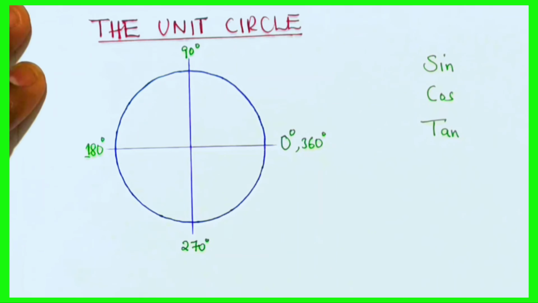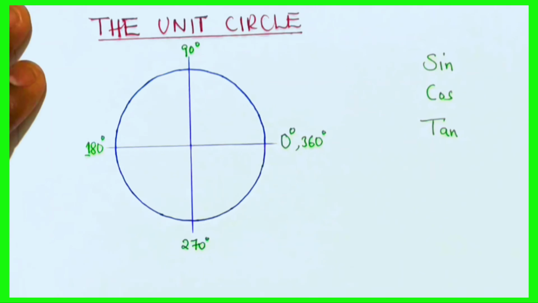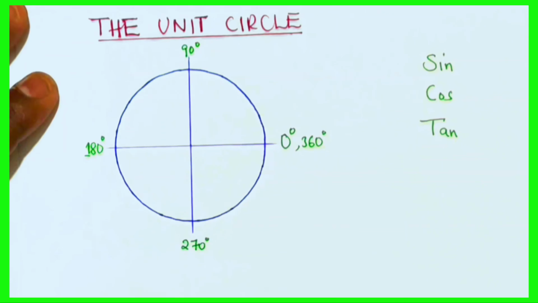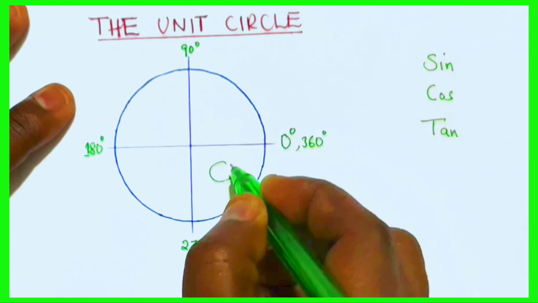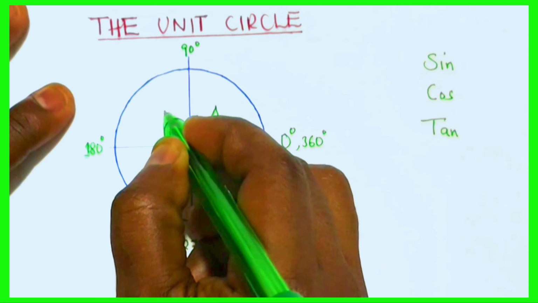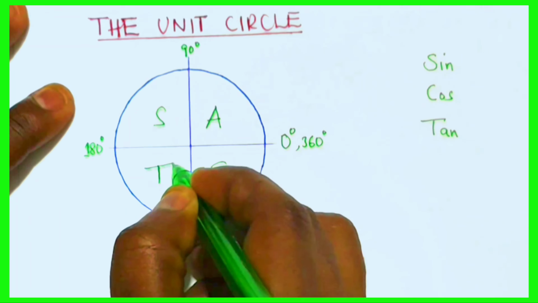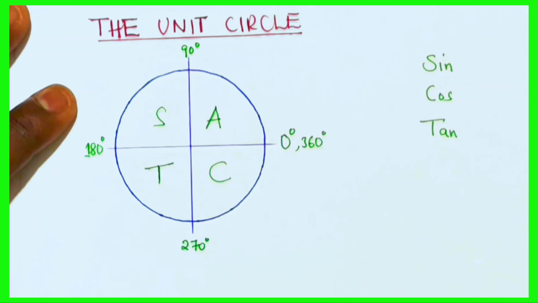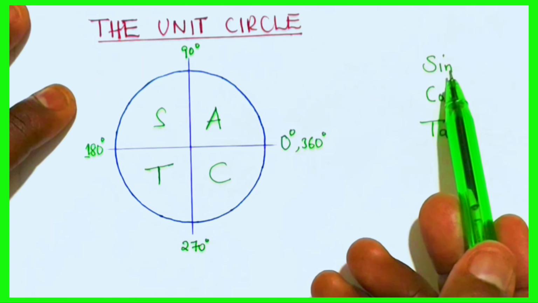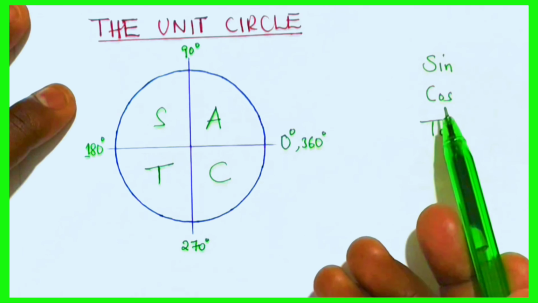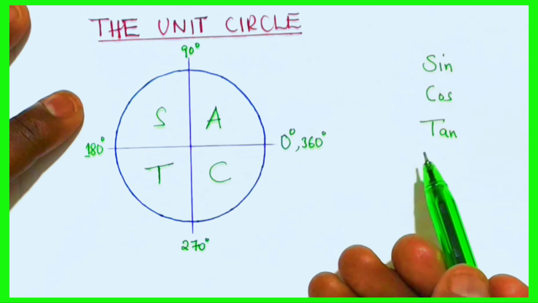You need to have the knowledge of the unit circle from trigonometry. And for the unit circle, you have to remember the word CAST. This will help you to summarize what is involved with sine, cosine, and tangent.